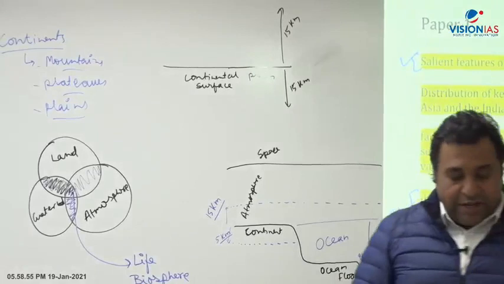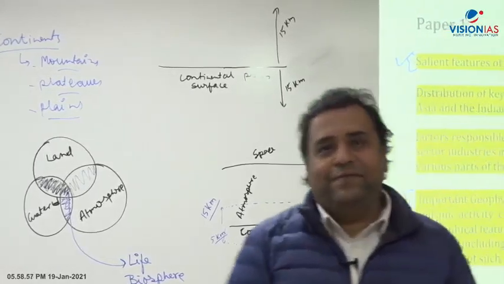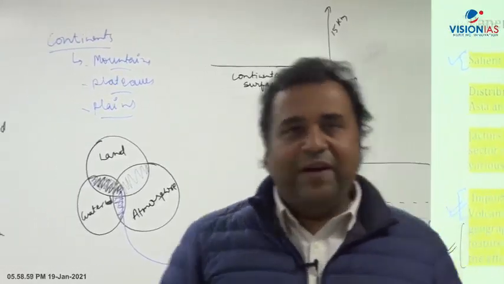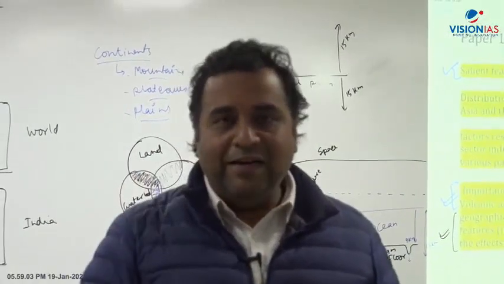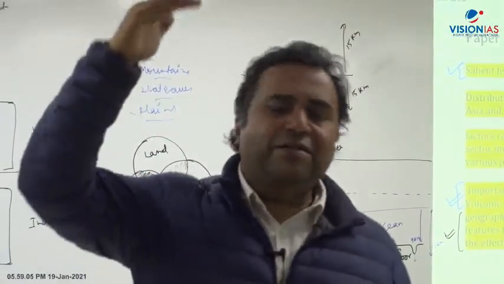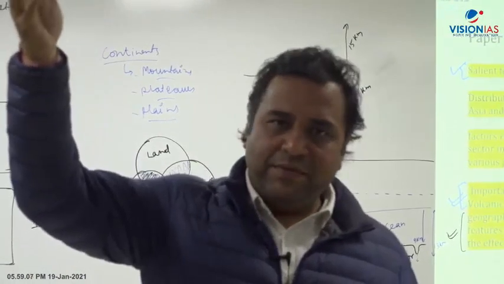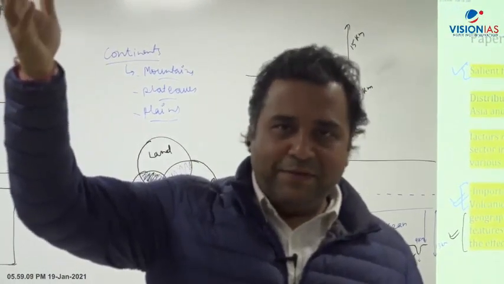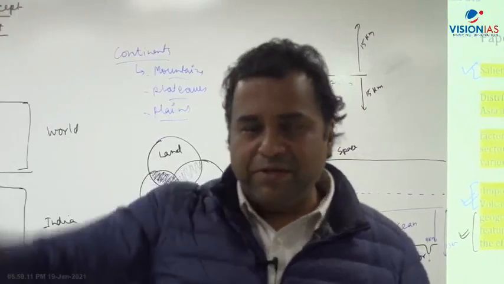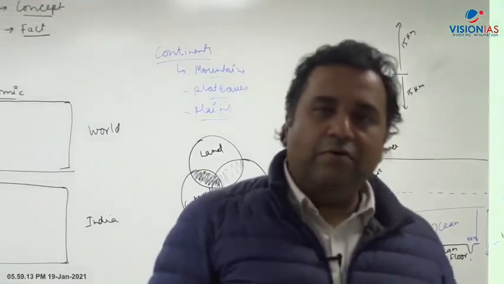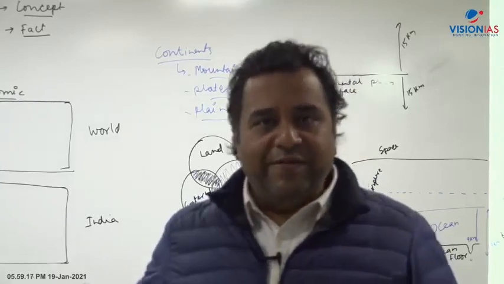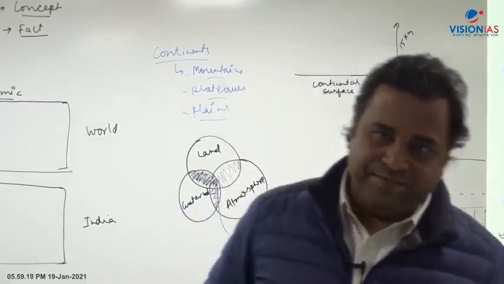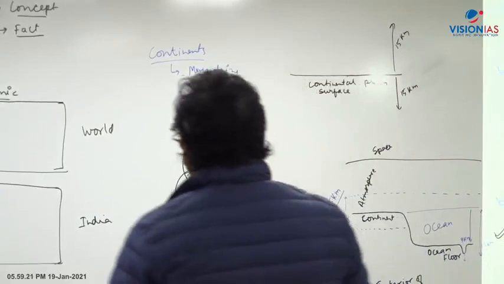So on the earth, where do you actually find life? On the earth also you find life only within a region. From the land, you go higher, maximum up to 15 kilometers, you find some extreme life forms, which in some cases go there. And when you go deeper into the ground, you go not deeper than 15 kilometers anywhere on the earth, and you find life.